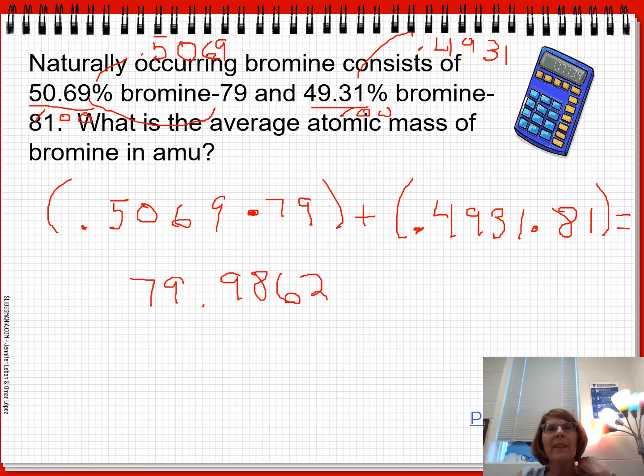So we're going to round this to 2 decimal places. If I round that, that rounds up. So it's 79.99 AMU. That's my unit.